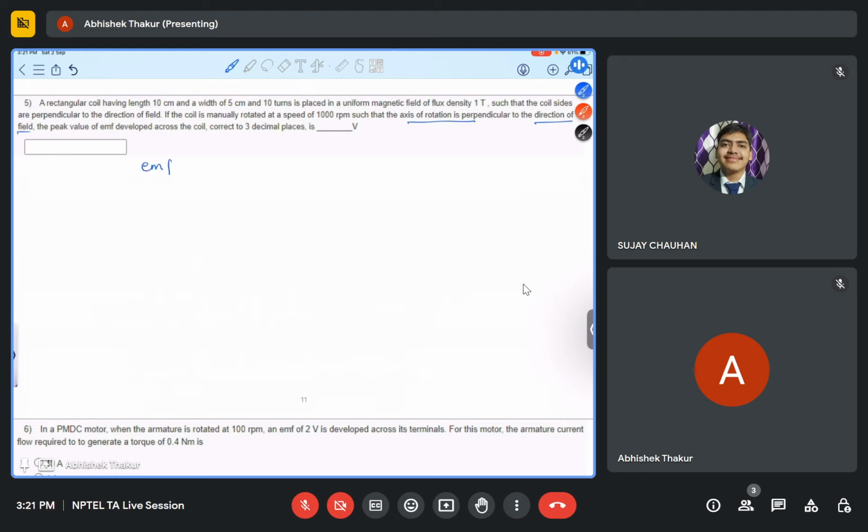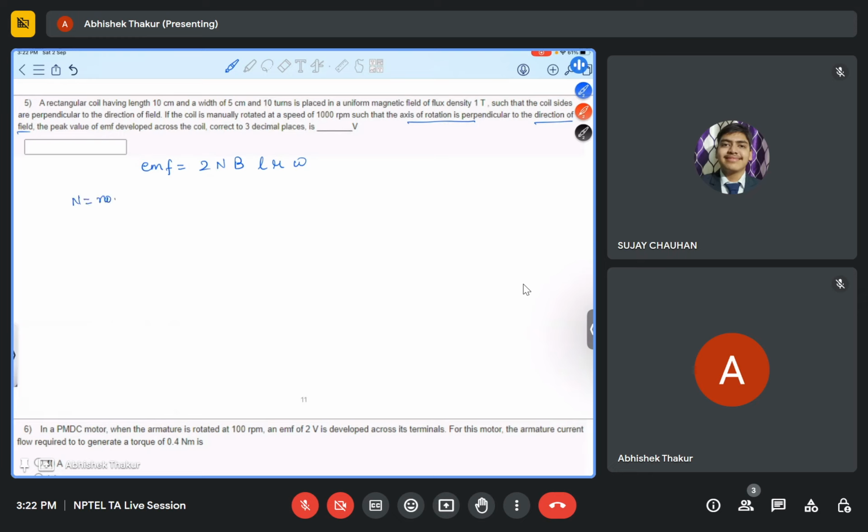So EMF is equal to 2 into number of turns into flux density into length into radius into speed of coil, that is the angular velocity omega. So R is equal to W by 2, that is width by 2 here. So we will write all these terms.